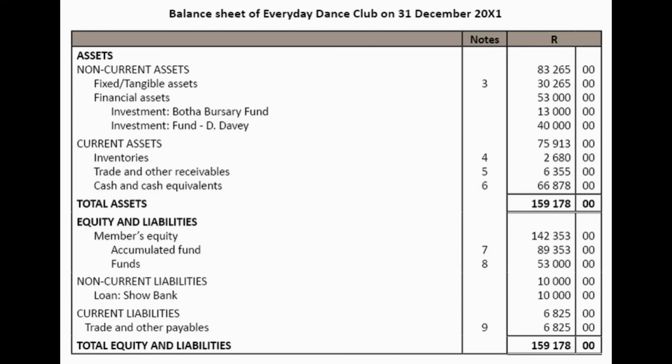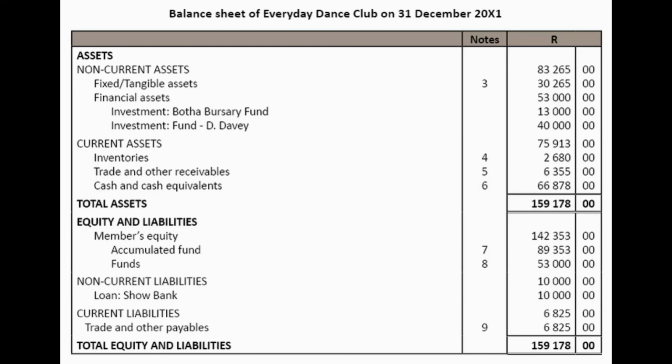If we add the current assets to the non-current assets, we get the total assets of 159178. Then we get to the equity and liabilities. Members' equity, accumulated fund is 89353. The funds total is 53000.